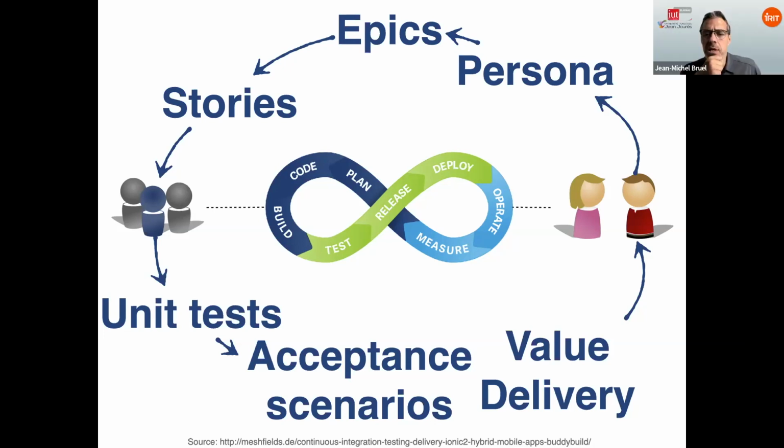This is the classical cycle. You identify some important value from the company. Those values imply defining stakeholders, which are called personas in the agile approach. When you discuss with those personas or think about their problems, you define epics, big stories, if you want, big concerns.